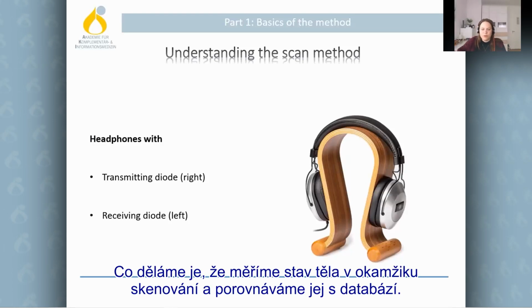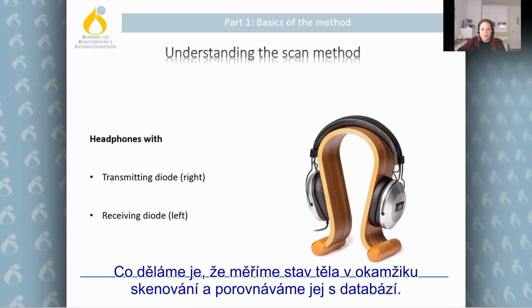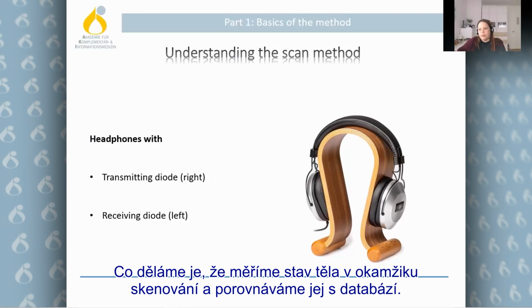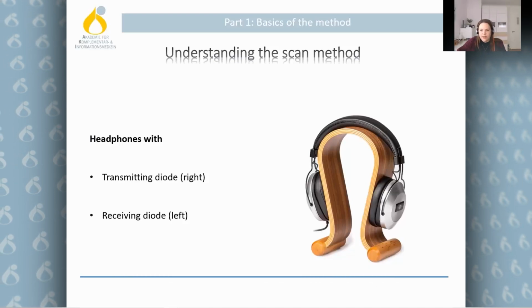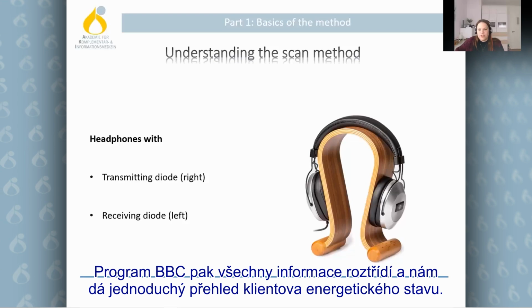So what we do is measure the state of the body at this moment when we do the scan, and we compare it with the stored database. The BICOM body check software then organizes all this information and gives us a very simple overview of the patient's energetic state.